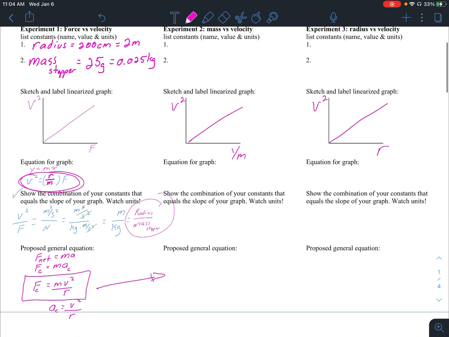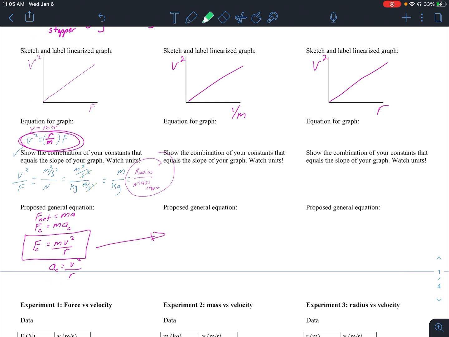Now that we can all have that positive slope for each experiment, you can go ahead and attempt to complete the equations for each one, just like we did before. You might not know the slope or what that slope represents, but through looking at your units, just like we did here, where we started off saying it was velocity squared over force, ask what those units are, does anything cancel out, and see what we are left with.